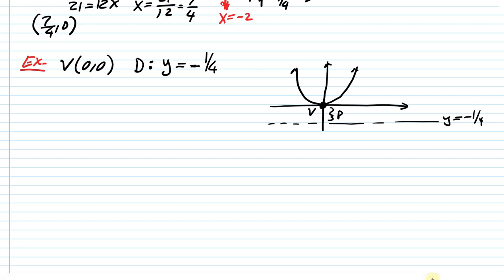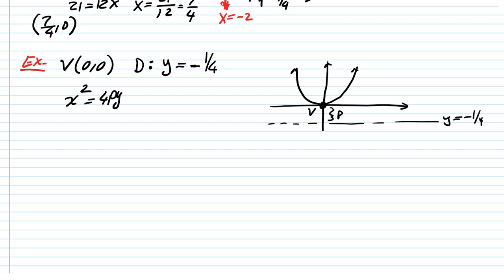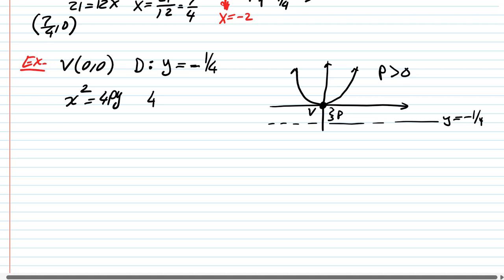Because it opens upward, its equation therefore is going to be y equals ax squared, right? Or we can write it as the following. The equation is x squared equals 4py. All right. And P is 1/4 here, right? So 4p, because it opens up, P is positive.